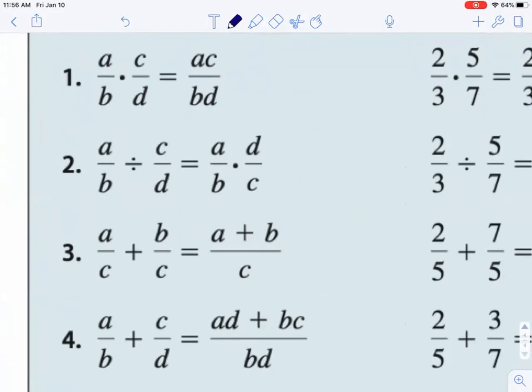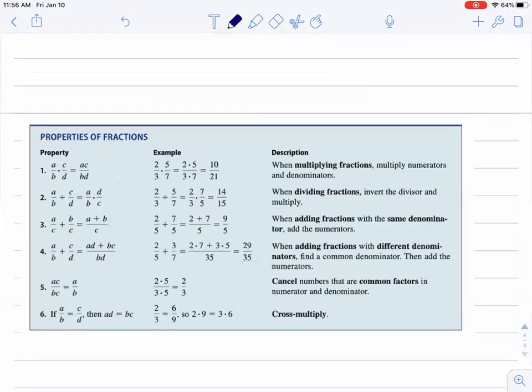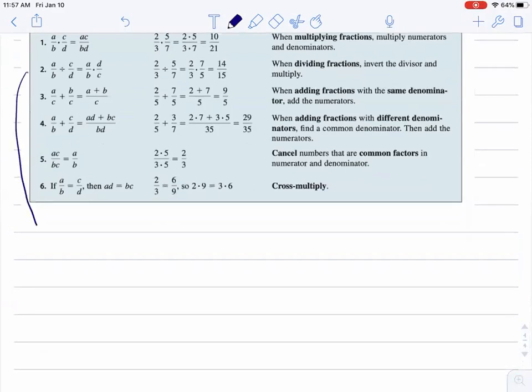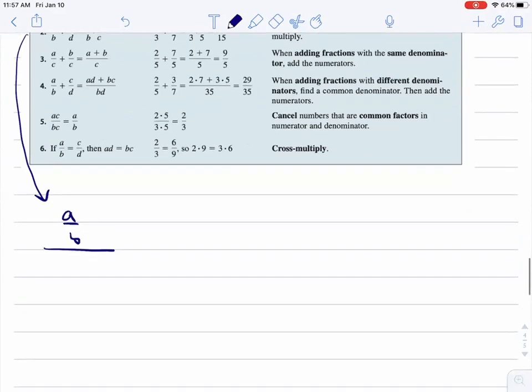If we've got A over B divided by C over D, you can rewrite this as A over B divided by C over D. If I'm doing a fraction over a fraction, I like to make my central line nice and big so I can keep track of which one's which, right?